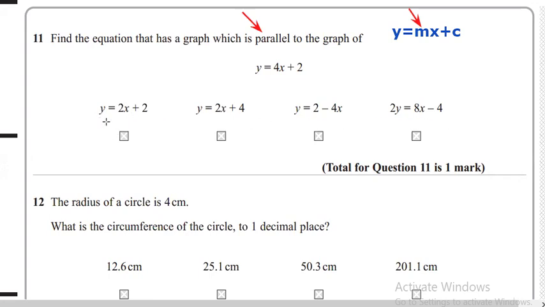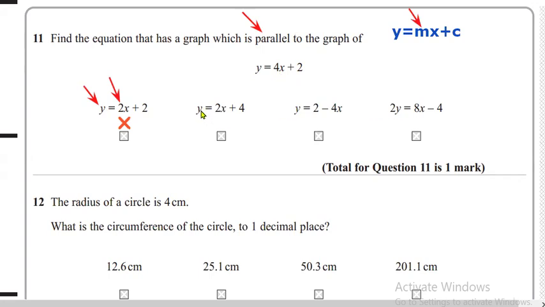Now, when I look at the equations, I want to first make sure that the y has no numbers next to it, or the coefficient of y is 1, and then look at the number next to the x, which is the m. If it's 4 or positive 4 like this, it means the equation is parallel to the line here. This one is not 4, the y is alone, that's good, but the number next to the x is not 4. This means that this line is not parallel to the equation that I have here.